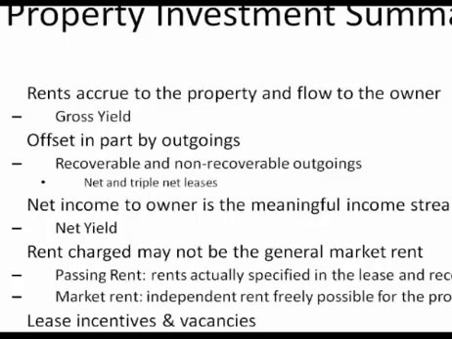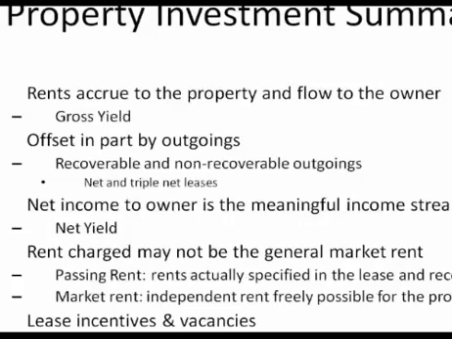These are referred to as outgoings in property circles. There are two types of outgoings. One are recoverable outgoings, those costs that the owner may have to pay for but is able to pass on to the tenant.